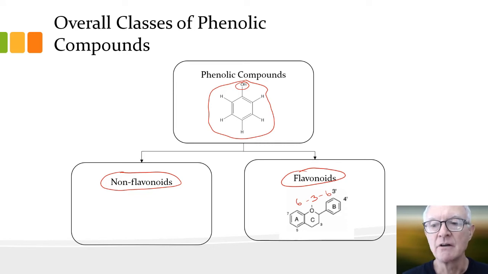Sometimes there's different positioning of the B ring. Sometimes it can be at position 3 here, but you see the basic 3-ring structure repeating in flavonoids.